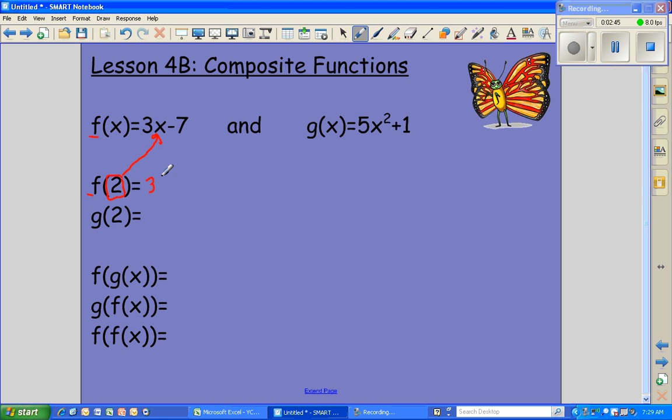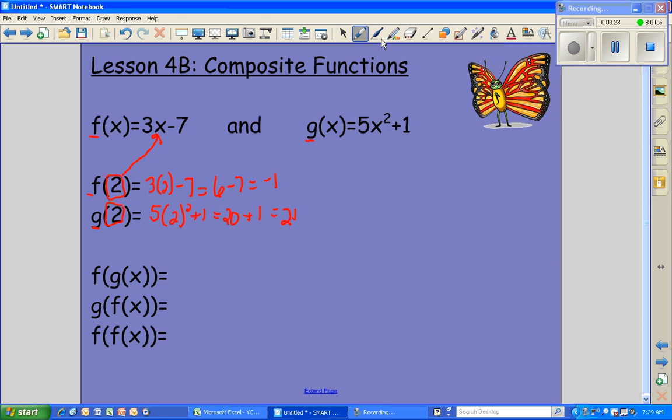You get 3 times 2 minus 7, which is 6 minus 7, which is negative 1. So we would say f of 2 is negative 1. G of 2 tells you to take the innermost parentheses 2 and plug it into the g function. That's 5 times 2 squared plus 1, which would be 20 plus 1, which would be 21.